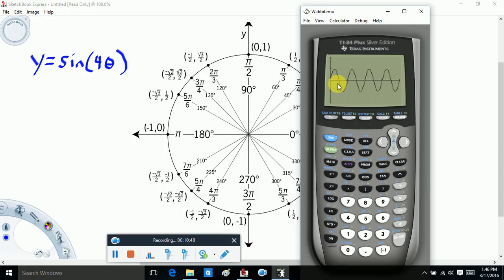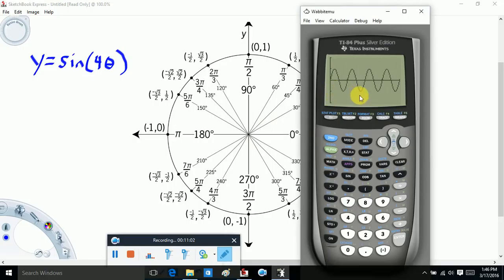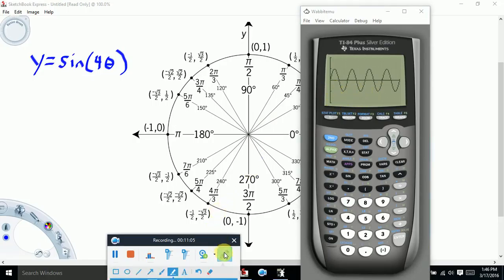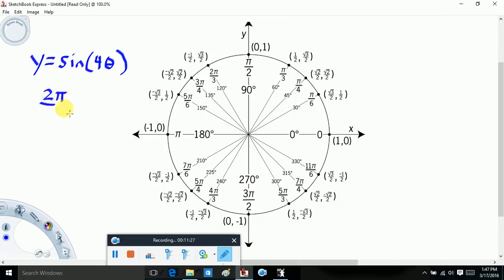Okay, so this right here is 2 pi. Oh, can't write on it. So this here is 2 pi. There are 4 cycles. So the period is 2 pi divided by 4.